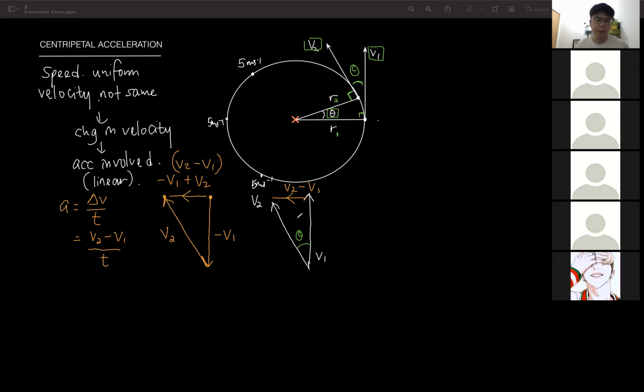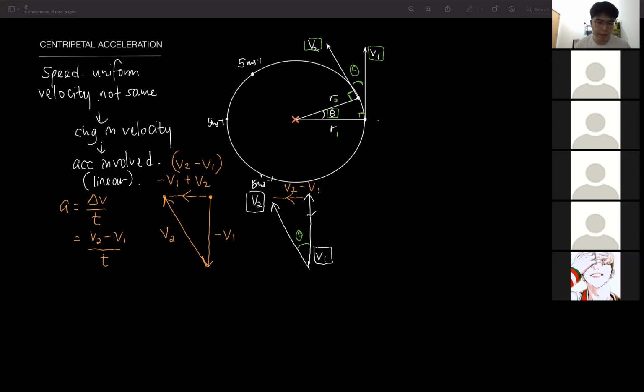Now, the sum of interior angles of a triangle is 180 degrees. We also know that the lengths of v2 and v1 are the same, because the magnitude, the speed, is the same. So v1 and v2 should have the same length.